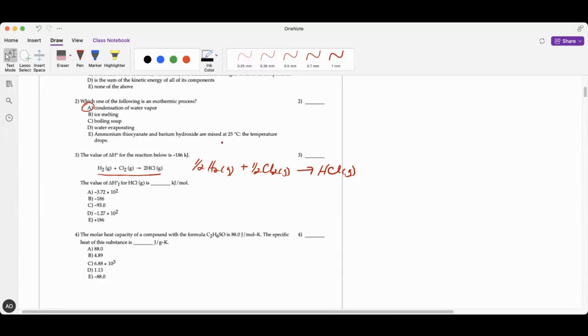Okay, so they said for this reaction, it's a negative 186.